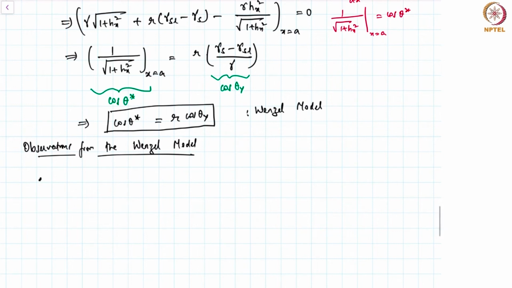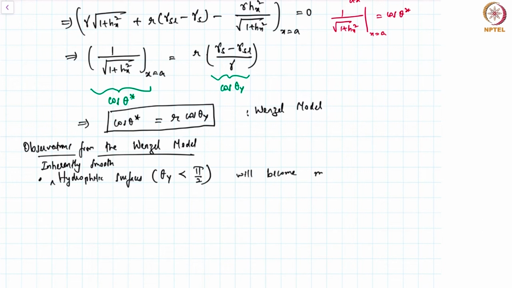inherently smooth hydrophilic surfaces. These are, I should mention, inherently smooth hydrophilic surfaces, meaning the Young's angle is less than 90 degrees, right, will become more hydrophilic when made rough, right?